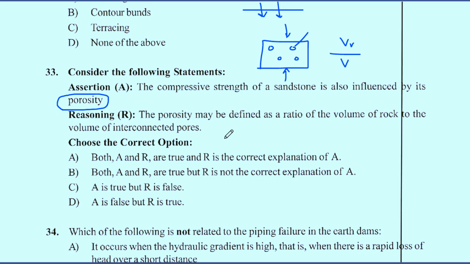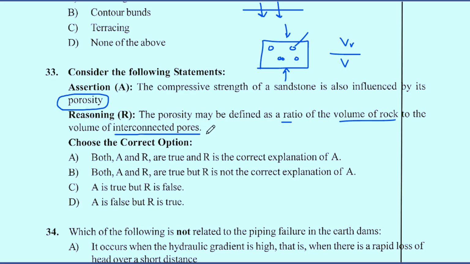And the second option is the reasoning. What they are giving: the porosity may be defined as a ratio of volume of rock to the volume of interconnecting pores. Interconnecting pores means when these pores are interconnecting with each other, we call it interconnecting porosity.